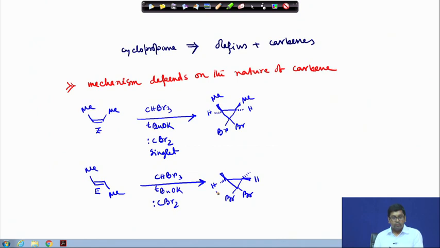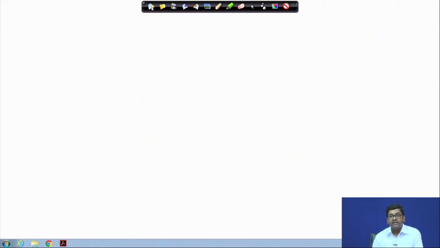Okay. So, in general this gives the cis product, whereas this gives the trans product. Fine. So, this shows that the addition of the singlet carbene to the olefin acts via a concerted manner. Okay. So, the reactions of these olefins and the singlet carbene work in a concerted manner.